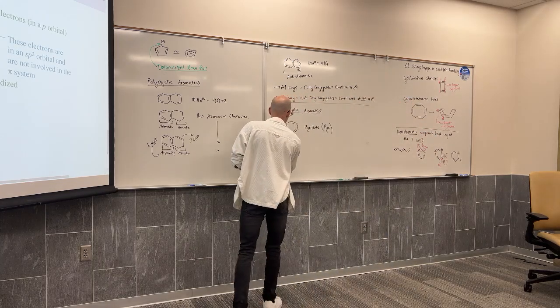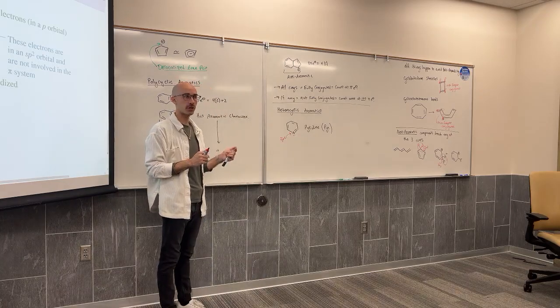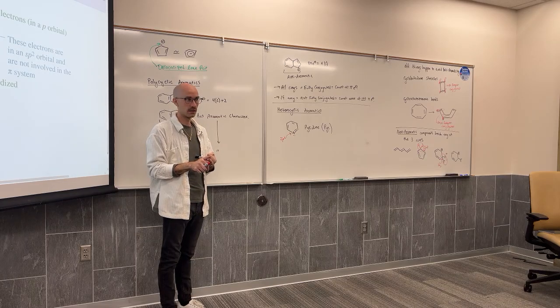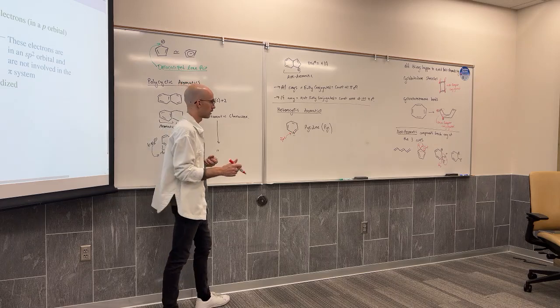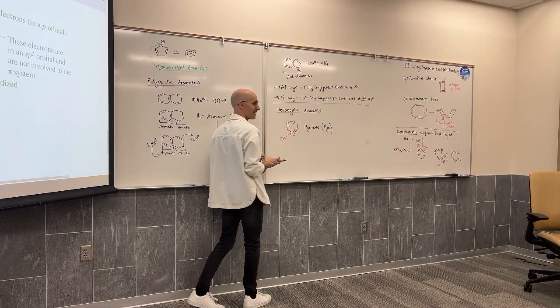It must be sp2. So this structure is cyclic, planar, fully conjugated. But what about the number of pi electrons? Certainly this structure has 2, 4, 6 pi electrons.